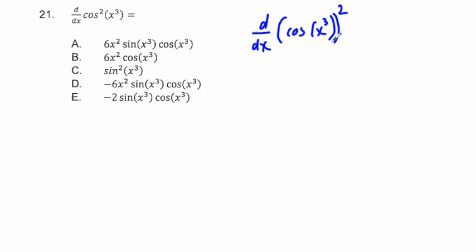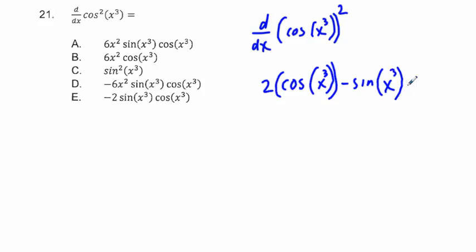So when we take the derivative of this, we're going to have 2, using the power rule, times cosine of x to the third power times the derivative of the inside here, which is going to be negative sine of x to the third power times the derivative of this inside, which is going to be 3x squared.